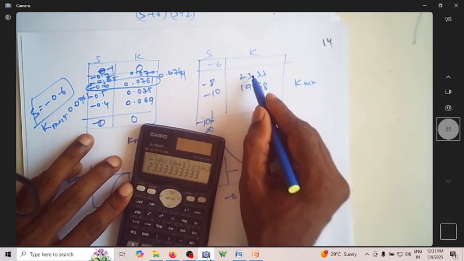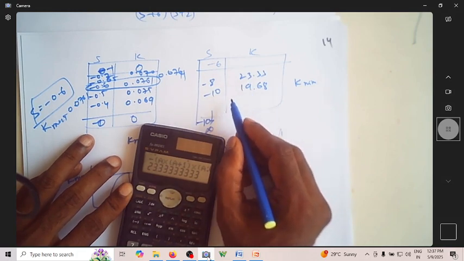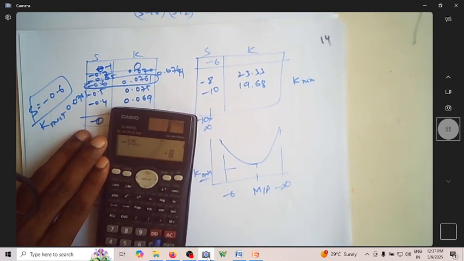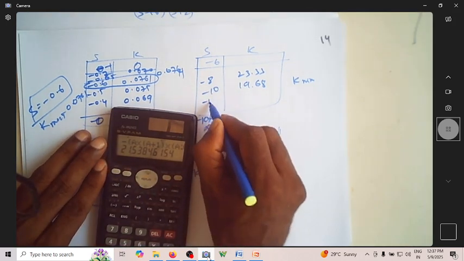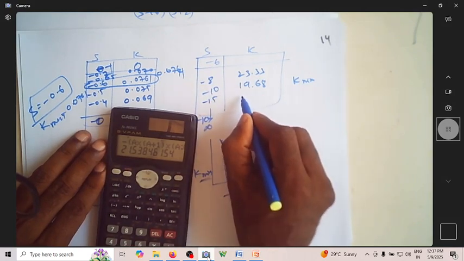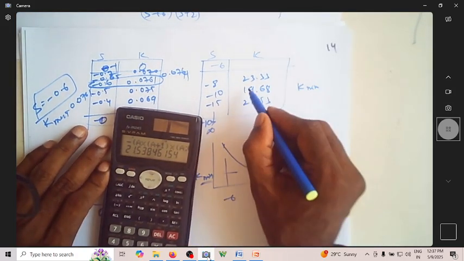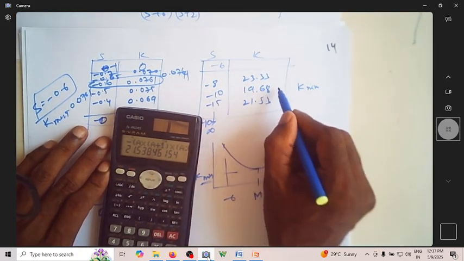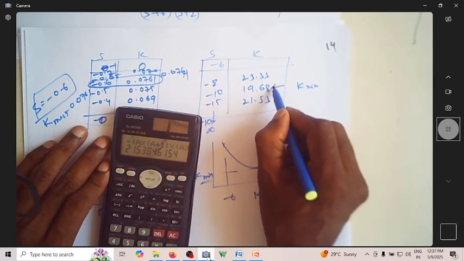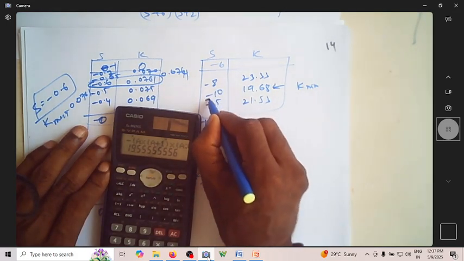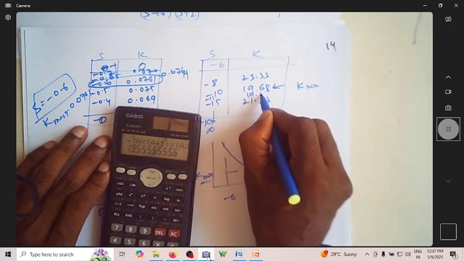So it has increased. You are looking for the least value. So let me calculate for -15. Minus 15 is 21.53. So this is the minimum value that you are looking at. Let me calculate -11. At -11 it is 19.55.